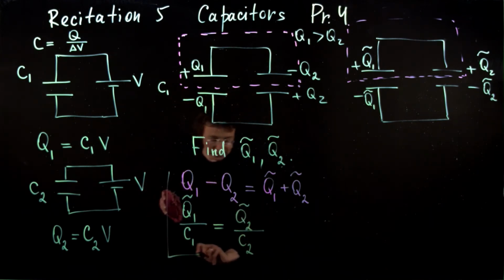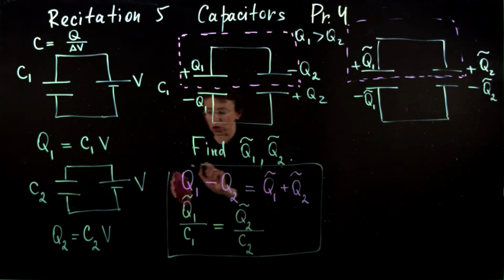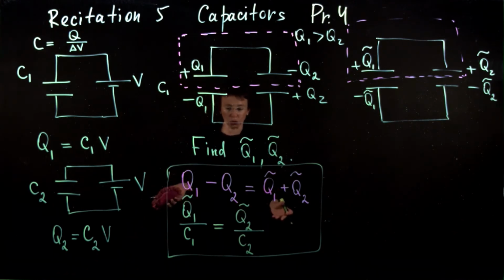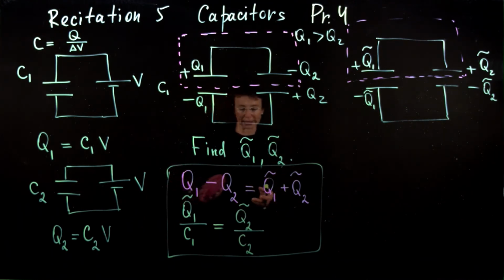Now we have a system of two equations and two unknown variables, Q1 tilde and Q2 tilde. So we can solve this system of equations.